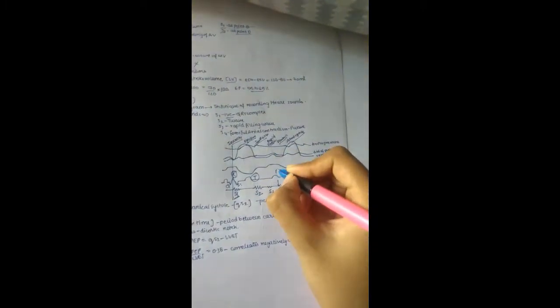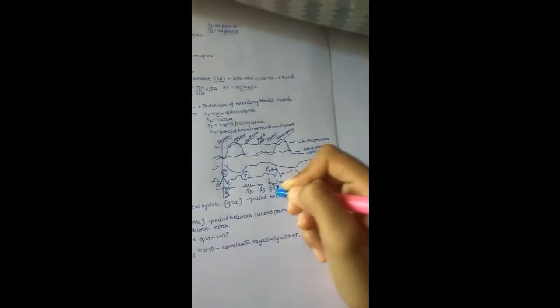Atrial contraction means atrial depolarization, and atrial depolarization is related with our P wave. So the P wave is associated with S4. S3 is formed only due to rapid filling pressure. So this is how we can relate the ECG with our heart sounds, that is the phonocardiogram.